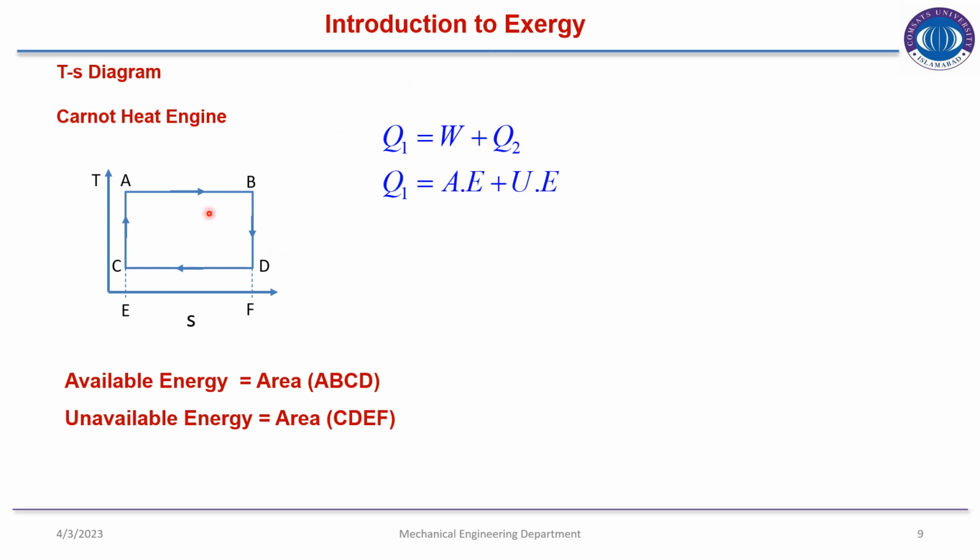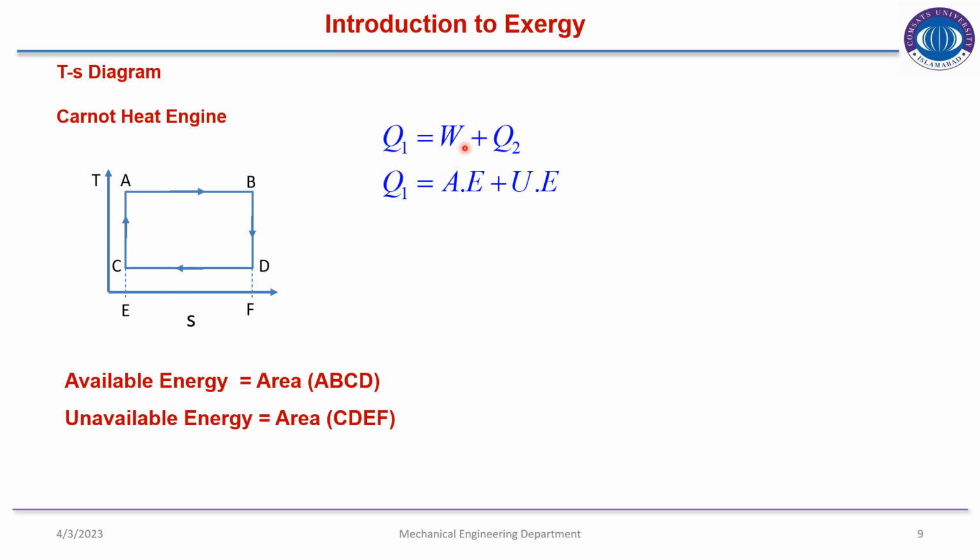Now, given the TS diagram of the Carnot heat engine, Q1 is W plus Q2, and Q1 is available energy plus unavailable energy. In the Carnot heat engine, Q1 is the amount of heat absorbed by the heat engine from the high temperature thermal energy reservoir.